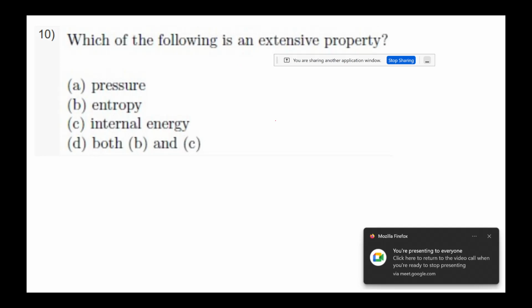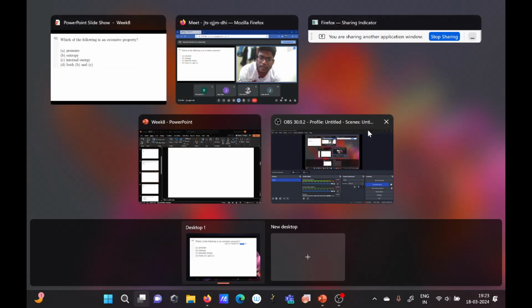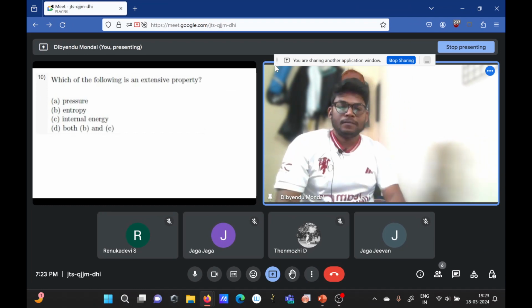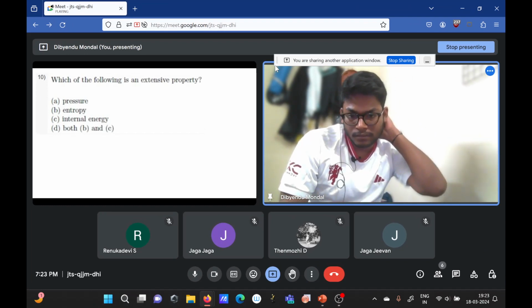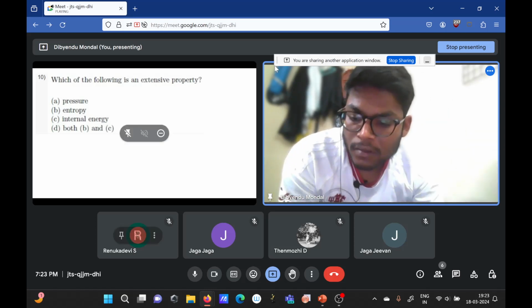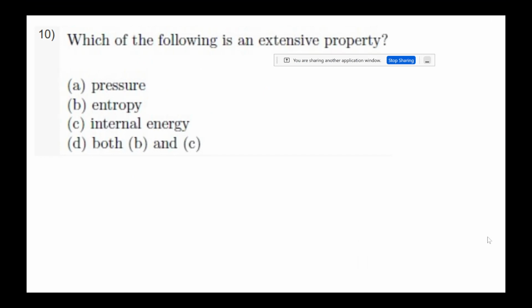So which of the following is an extensive property? What is an extensive property? Anyone? Extensive property is something.